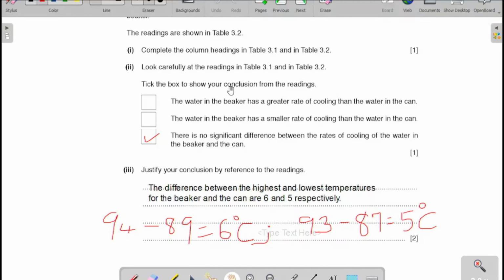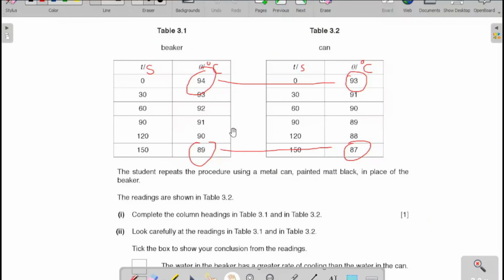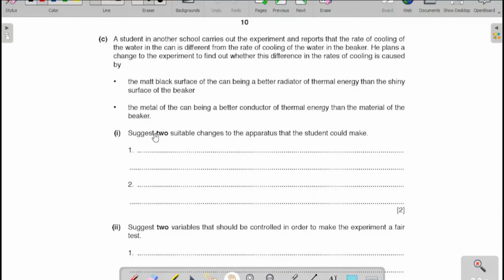You see, from here, a student repeated the experiment using a metal can, painted matte black in place of a beaker. So let's look at this. Suggest 2 suitable changes to the apparatus that the student could make, because the student reports that the rate of cooling of the water in the can is different from the rate of cooling of water in the beaker.